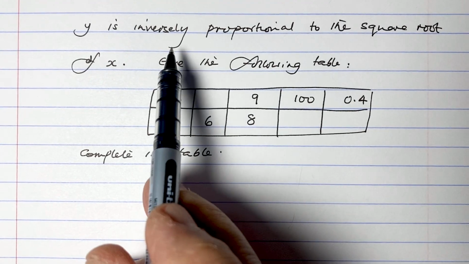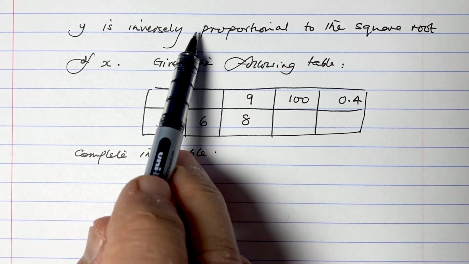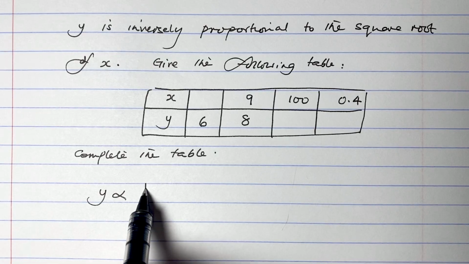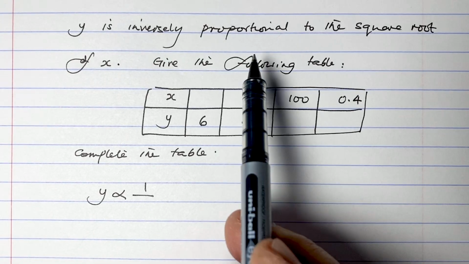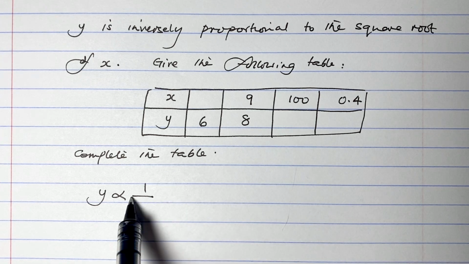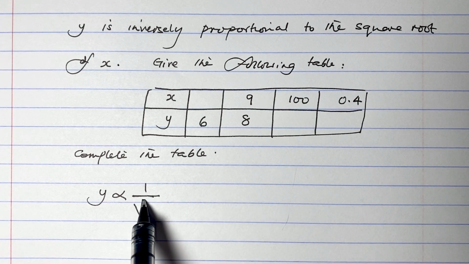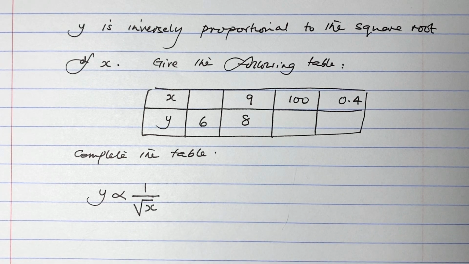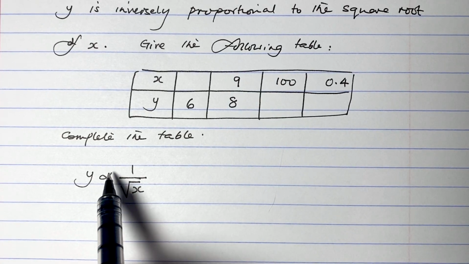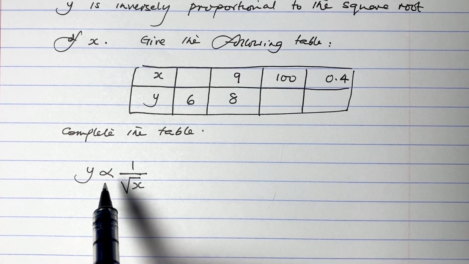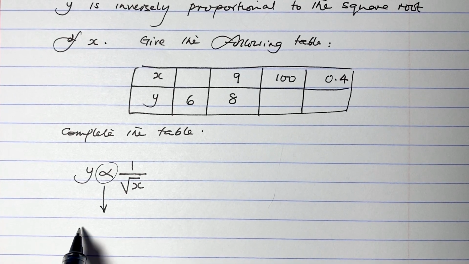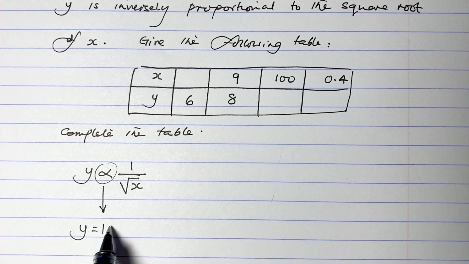Right, look at the question. y is inversely proportional, means y proportional to 1 over whatever the question states, the square root of x. So by now we know immediately we need to change that proportionality sign to an equal sign at the expense of producing k.